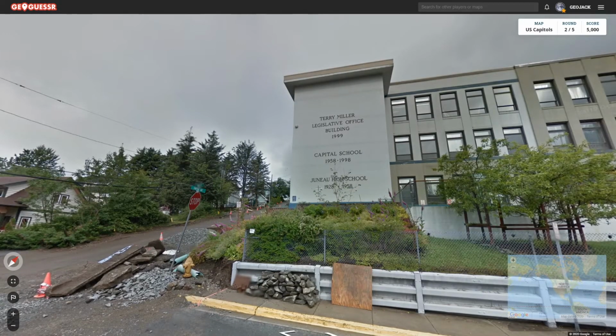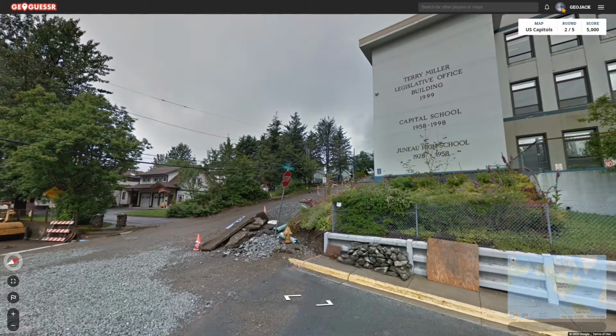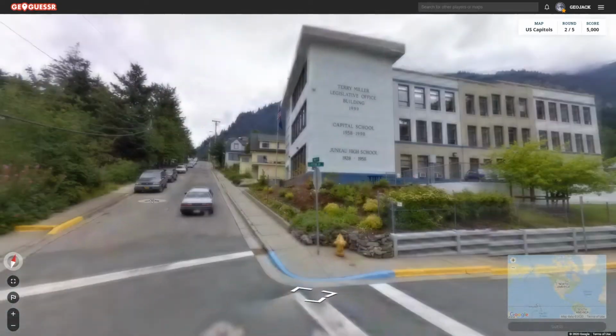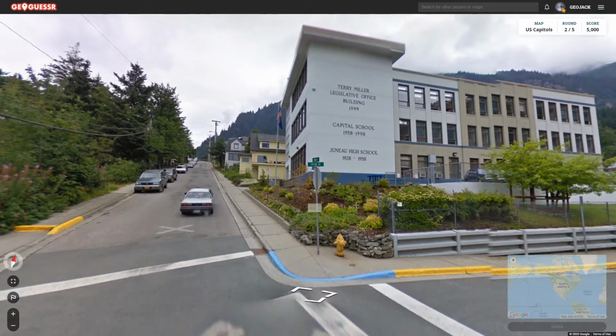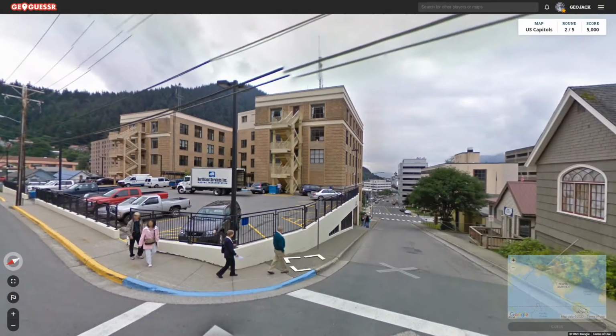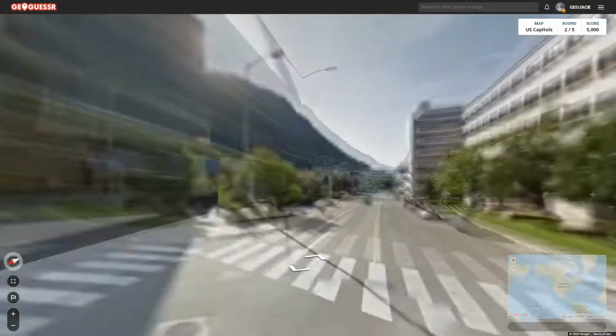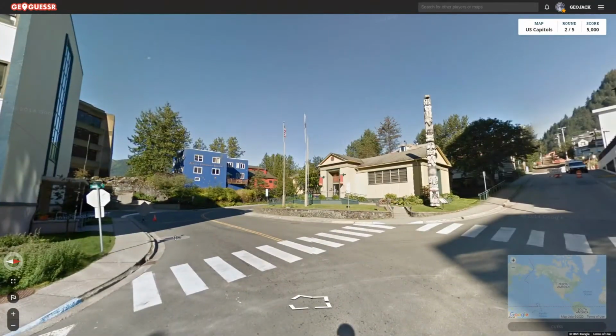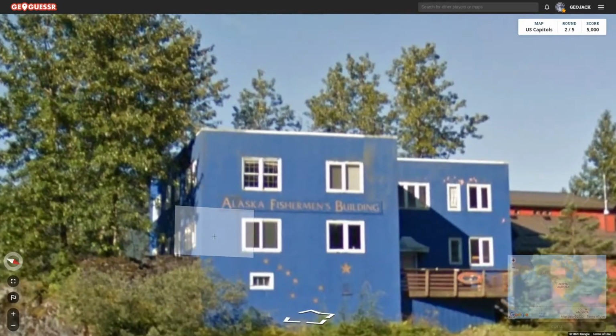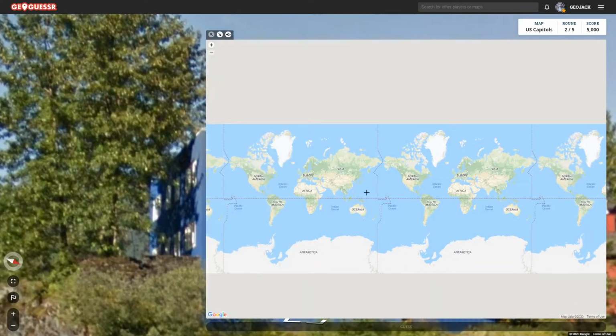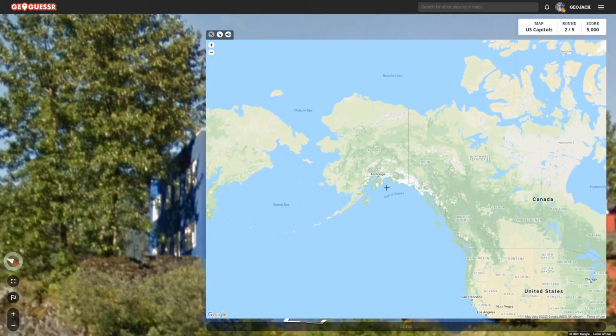Capital School, Juneau High School. I wouldn't be at all surprised if this was Alaska, although, yeah, Alaska Fisherman's Building, right, so we are in Alaska.